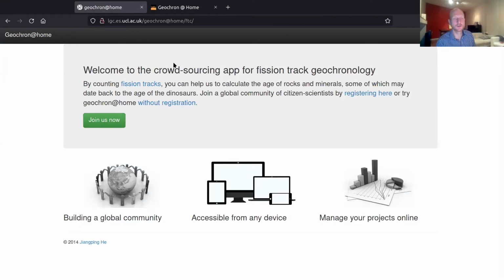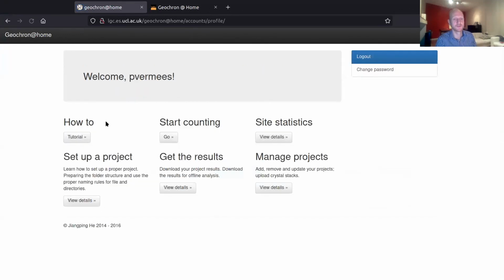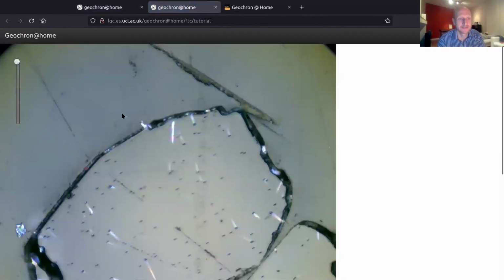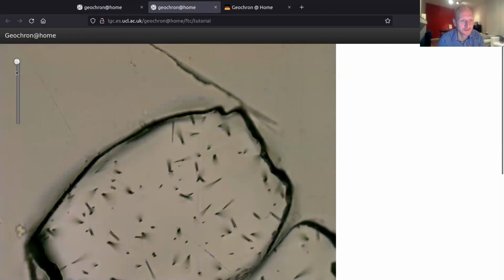If you go to the Geochron at Home website, you can either try it without registering, but if you register, that makes my life a little bit easier to keep track of the different people, fully anonymized, and to identify whether there are any vandals in the system, for example. There is a tutorial which I would recommend you check out.